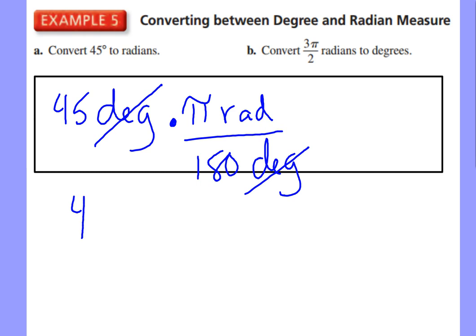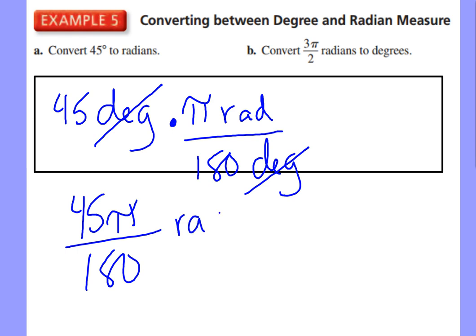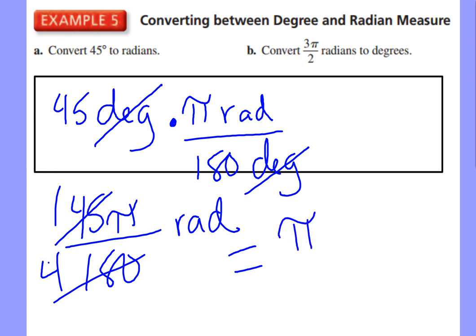So now I get 45 times pi over 180 radians. Then you want to simplify as much as you can. 45 goes into 45 one time and into 180 four times. So 45 degrees is equal to pi over 4 radians.